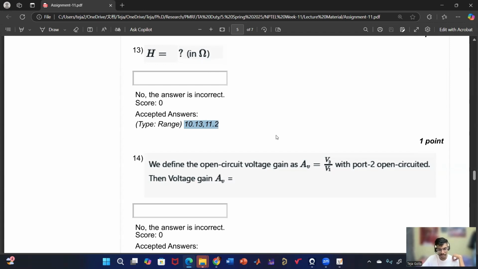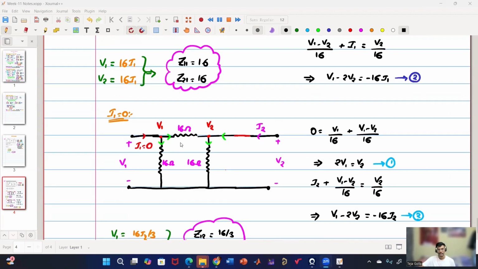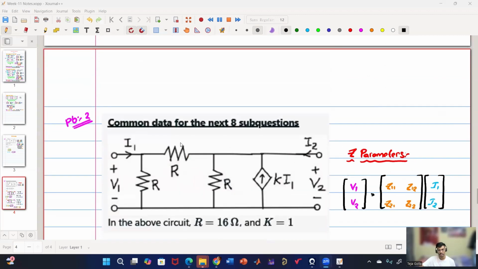Everyone agree? Till this point, is it clear? Whatever we are going to do now is a little bit tricky. If you have any questions, you can ask. Else, we'll proceed further and see how we are going to solve the other questions. Is it clear till this point?